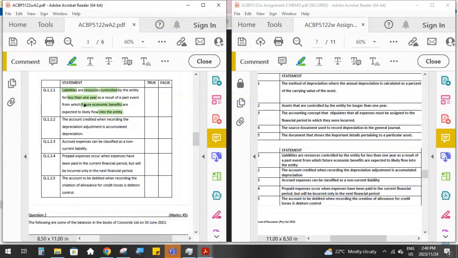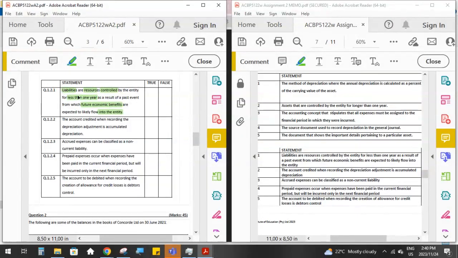Okay, so if you know your definitions of our different components of our financial statements, you'll know that that is definitely false, because what definition have they given us here? It's not liabilities that are resources controlled. Assets are resources controlled by the entity.